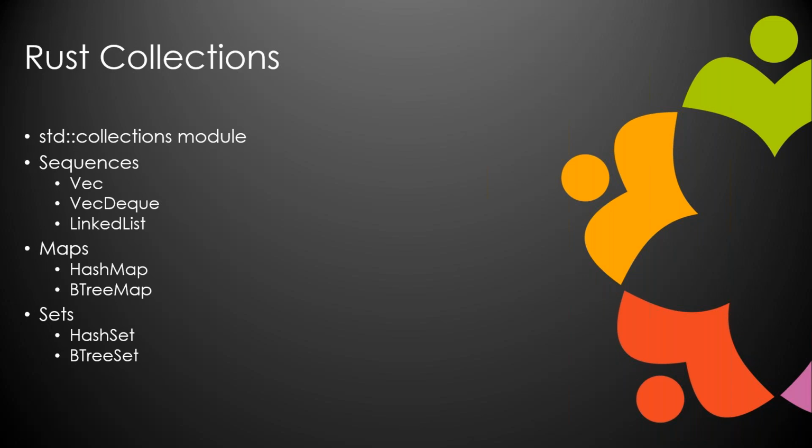Linked list is our ordered list. Map, we've got HashMap and BTreeMap. So HashMap and BTreeMap for a sorted map, and sets, HashSet and BTreeSet.